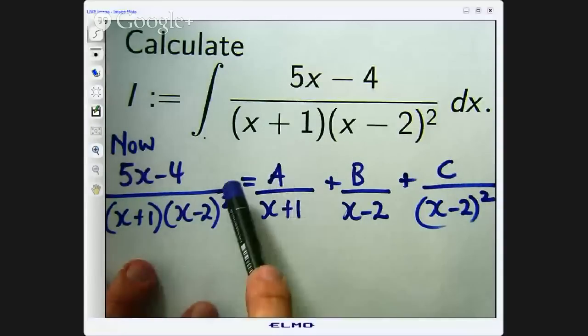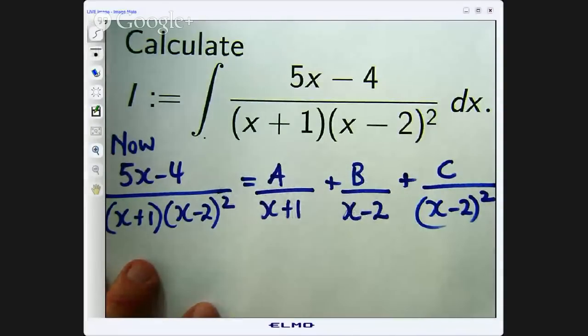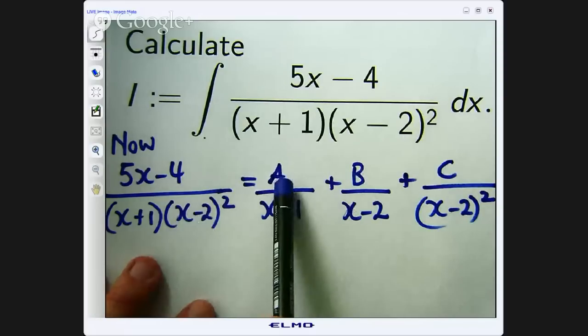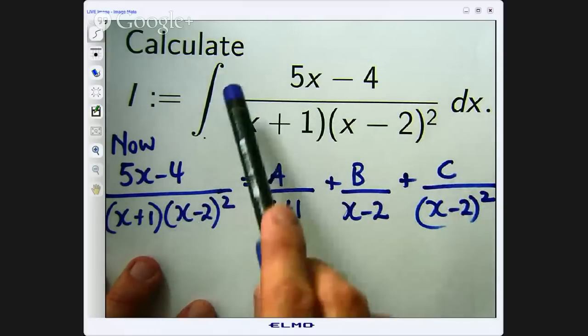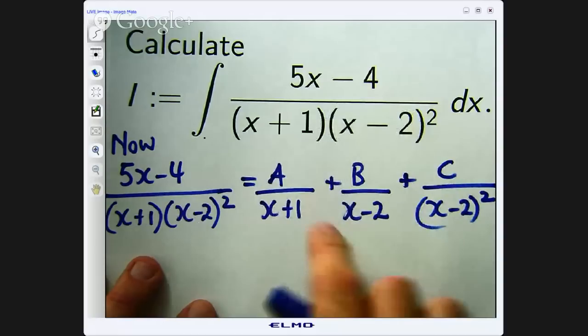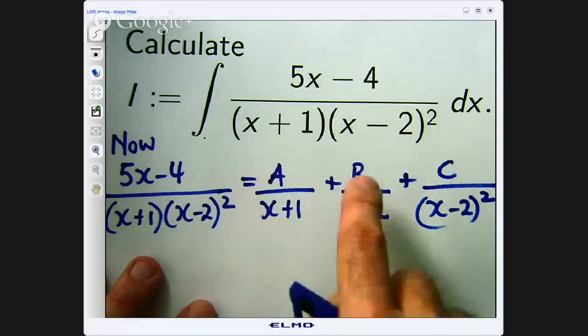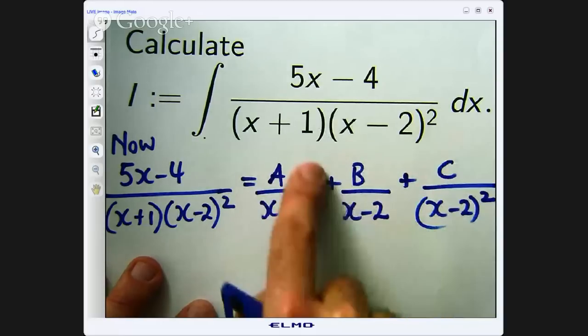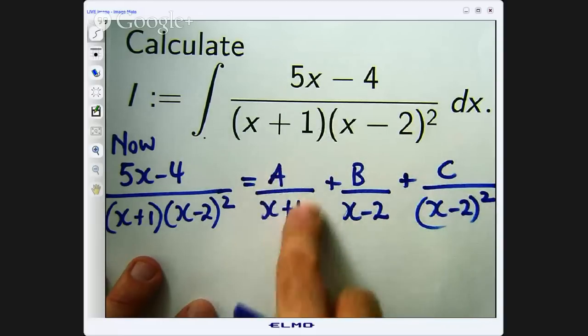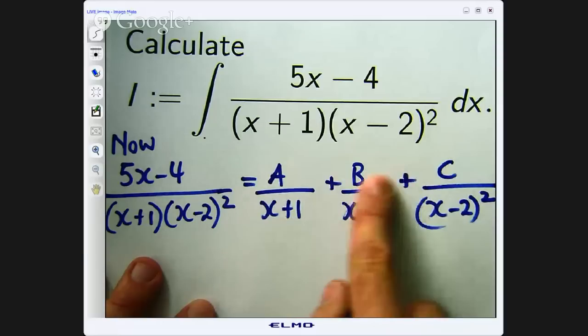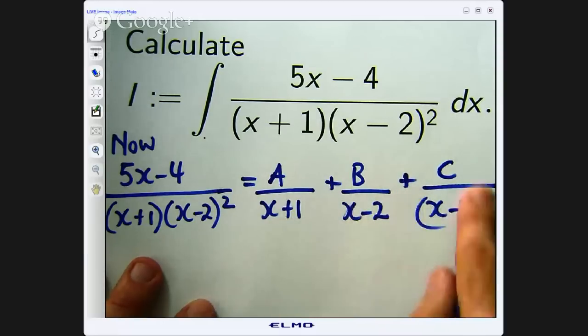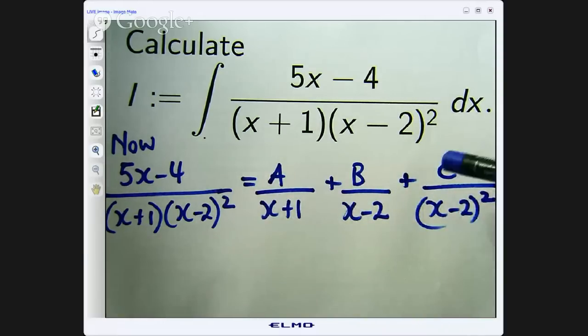Well, firstly, before we find A, B, and C, students do these problems, or they try to do these problems, and if they can't get A, B, and C, they give up, right? If you can write this as this, and A, B, and C are constants, you can integrate this, and integrate this. This is going to give you A log x plus 1. This is going to give you B log x minus 2, and this is going to give you something like negative C all over x minus 2.